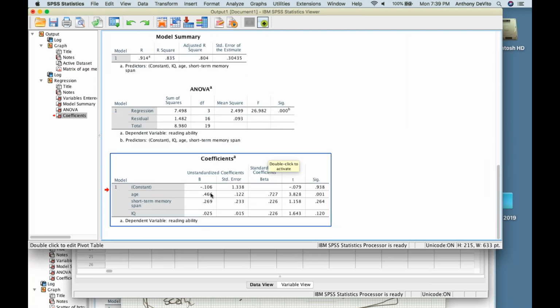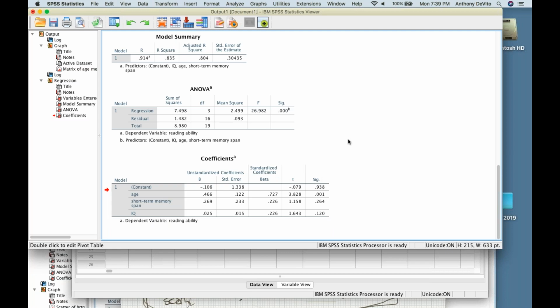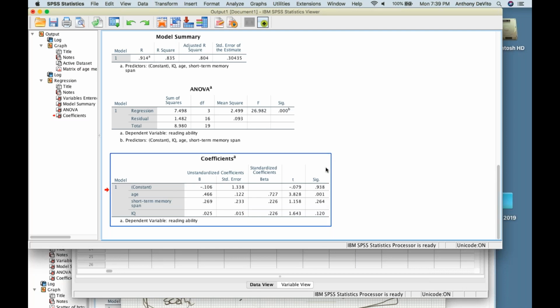Did you run the correlation between short-term memory and the others? 0.7? Yeah, so it could be a little bit of collinearity or small sample size, also not very significant, so it could be a combination of those things. So yeah, you found a situation where it really doesn't help us, so why keep it in there if it's not improving our predictive value?